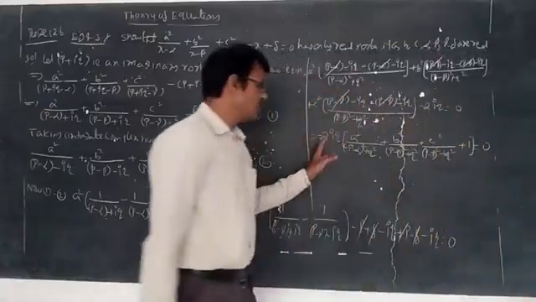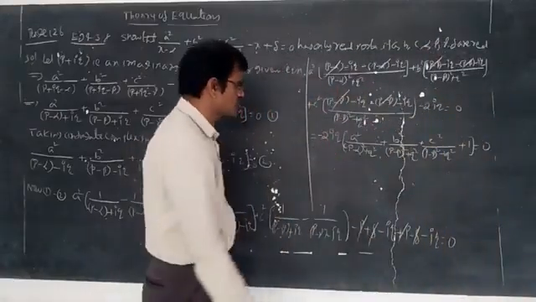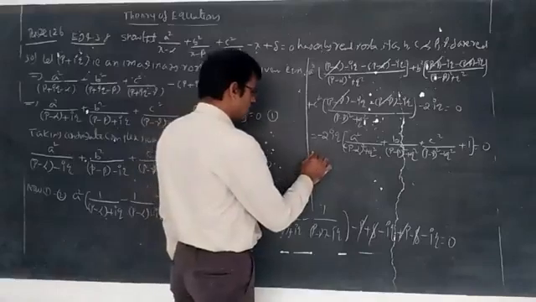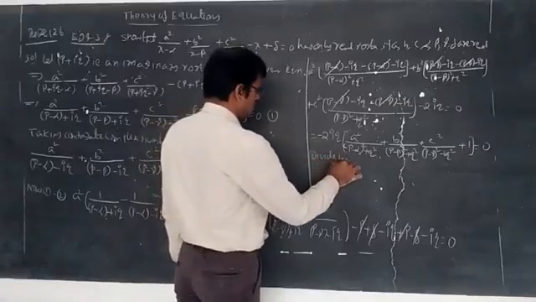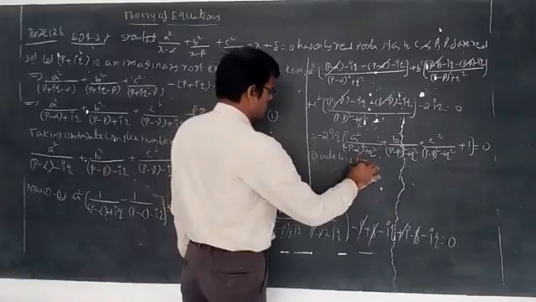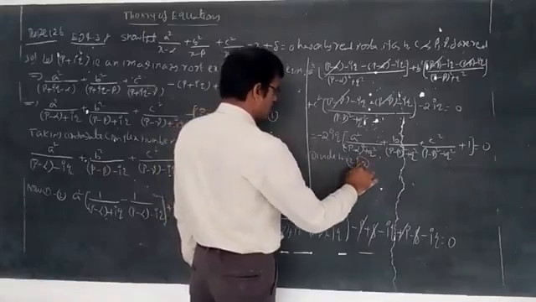If you multiply with 2iq, it becomes, divide by 2, that to minus 2iq.